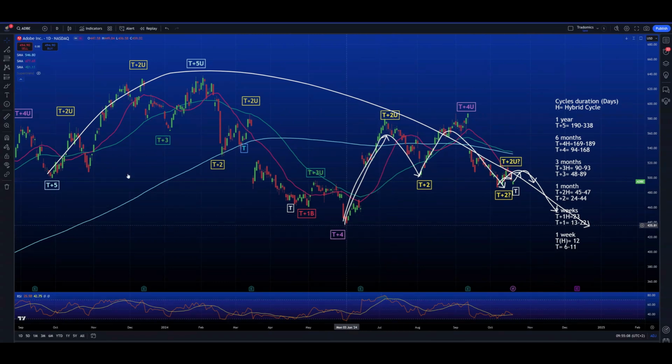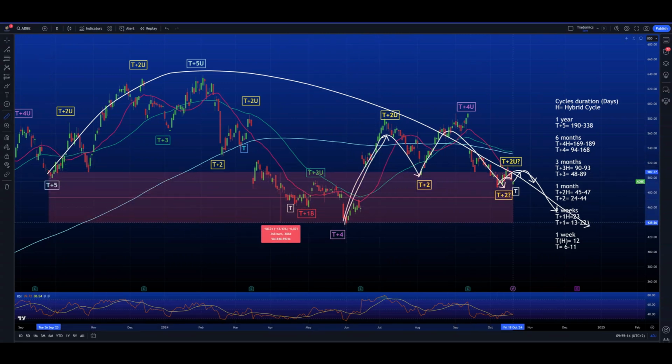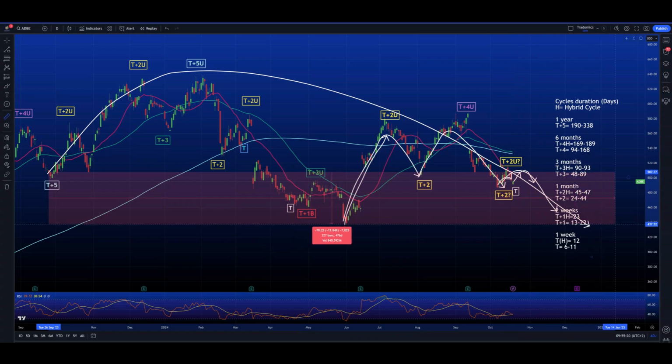How long do we have? The time elapsed so far is 268 days. We have time until 338 days.